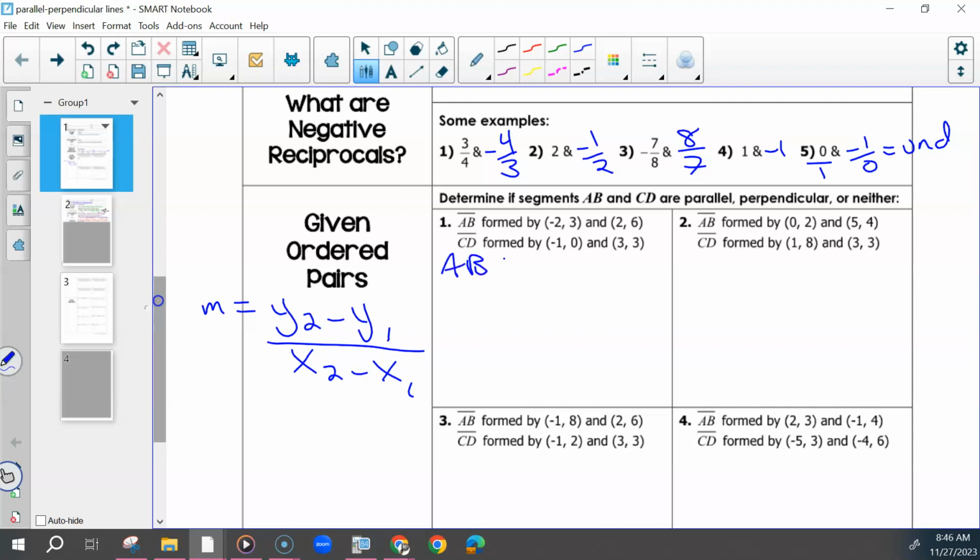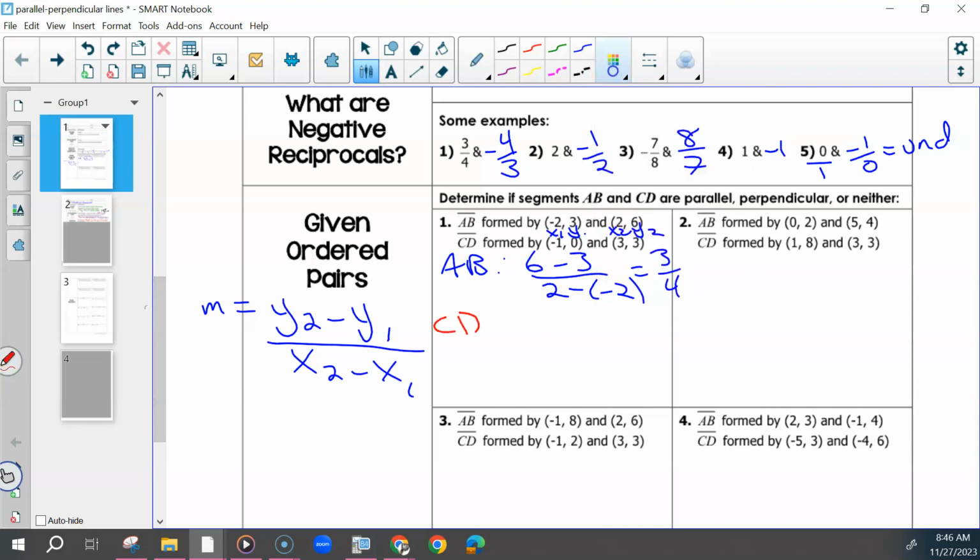Label them if you choose. For AB, we have 6 minus 3 over 2 minus a negative 2, or 2 plus 2, if you want. What would the slope of AB be? 3/4.